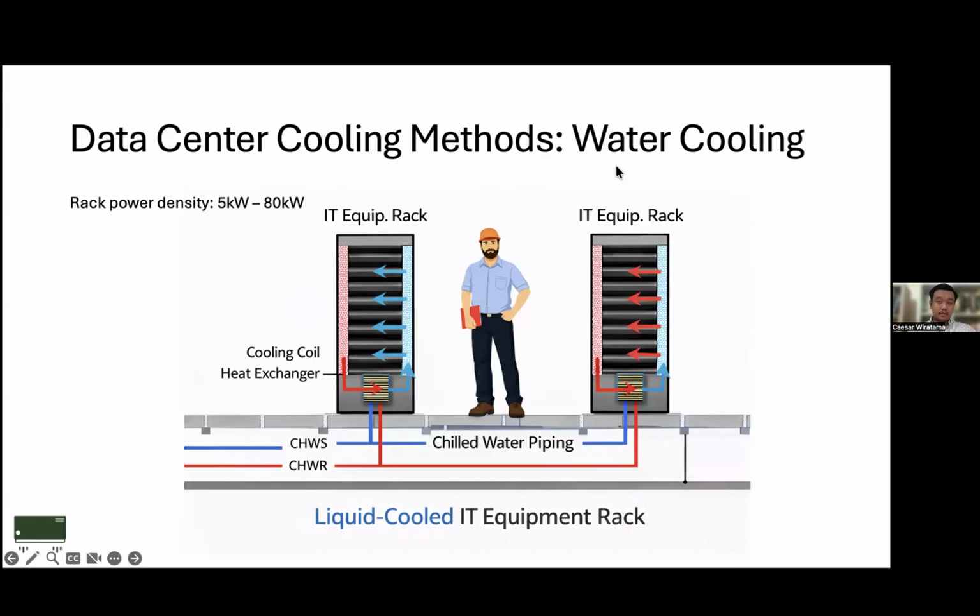Of course, there are also various technologies used in the industry today with different types of liquids, but mostly water is used because it is widely available in our environment.